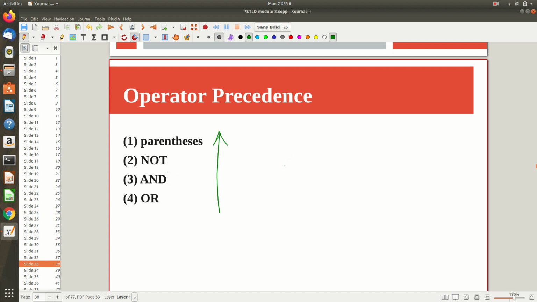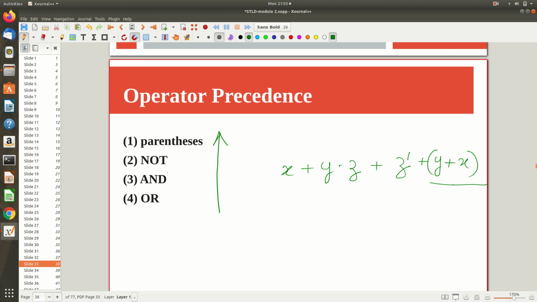So if I have some expression like x plus y dot z plus z complement, something like that, maybe let me write plus y plus x, right? So which will be evaluated first? Always a bracket will be evaluated first.